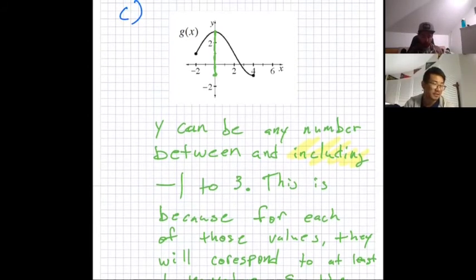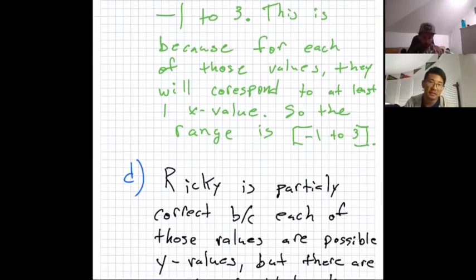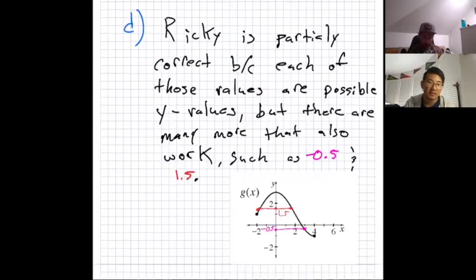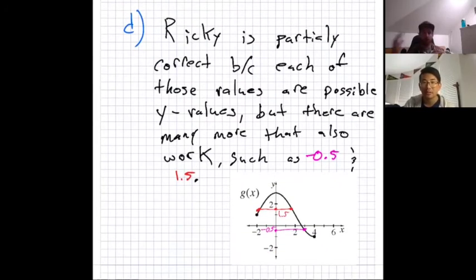All those values from -1 to 3 work, but we also have more values in between that also work. So, for instance, if I were to use negative half, I would still be able to have an input that gave me that negative half. Or if I were to use 1/2, I would also be able to get those.